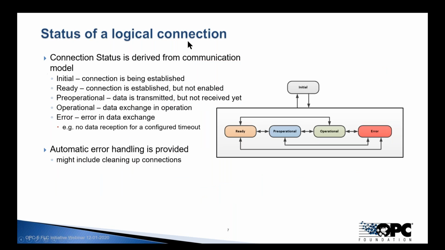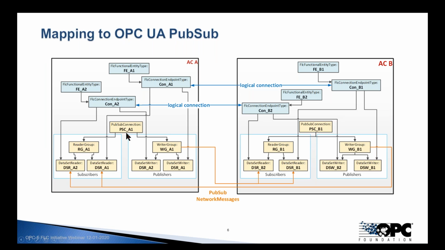The connection status, we also saw that on the slide from Paul. The connection status is actually one element of the connection endpoint itself. It is derived from the communication model. So if we look, for example, at this connection endpoint, the status is combined from the dataset reader A1 and the dataset writer A1.